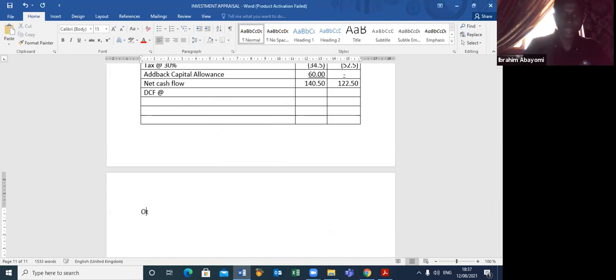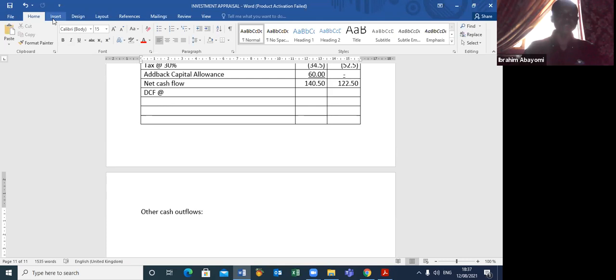So other cash outflows. All the other cash flows we are given in the additional information are all outflows.